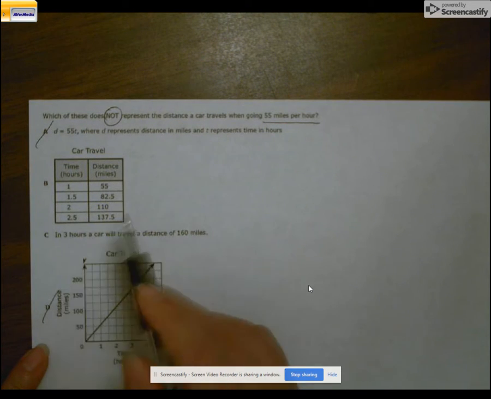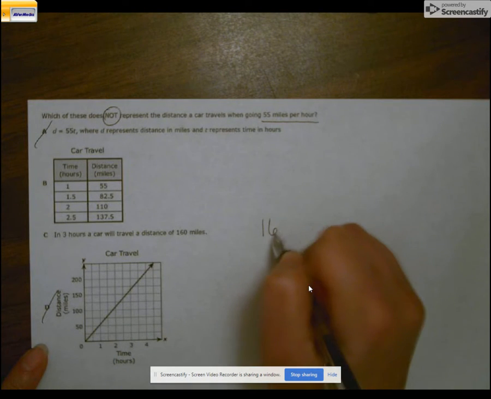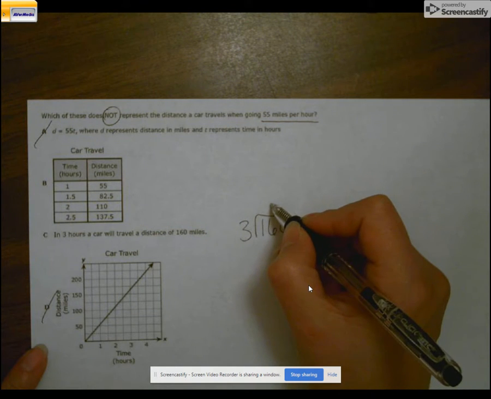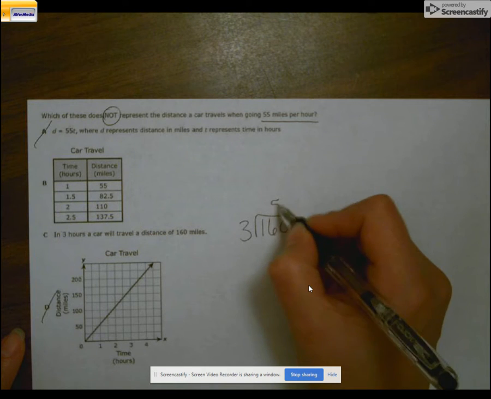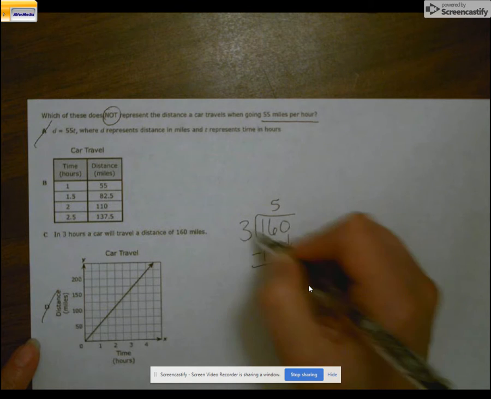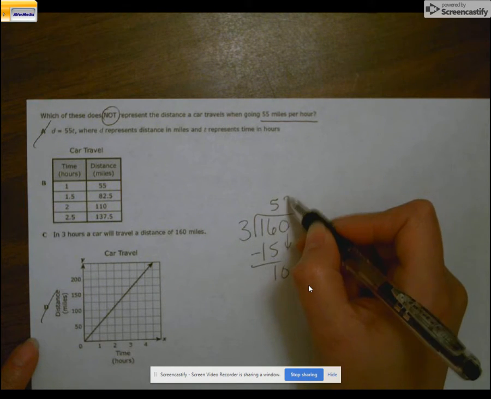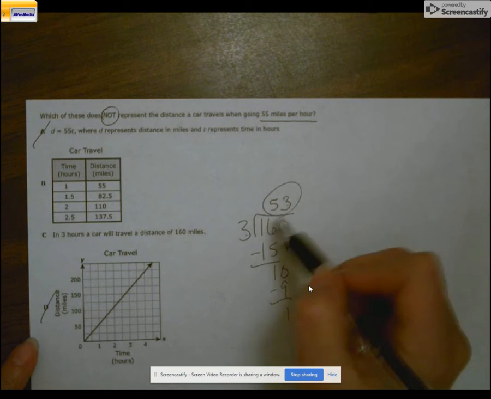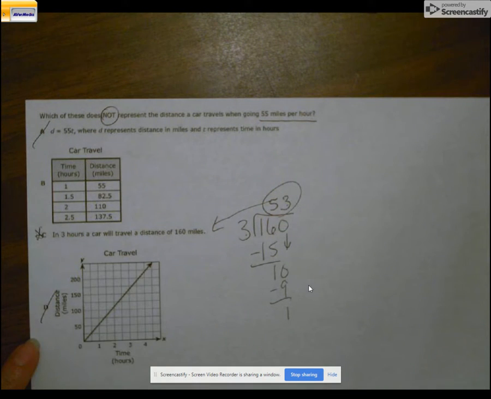So this one looks like it says 3 hours, 160 miles. So let's see how fast that is. So that's 5, 15. So there 3 times, which is 9. So this is 53, which is not 55, so that's probably my best choice.